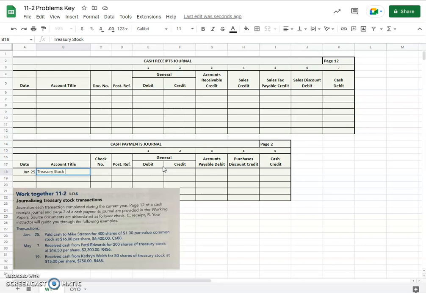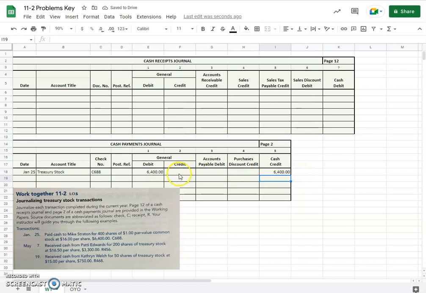So it's going to be treasury stock now. Check number 688. And this will be a general debit of the $6,400 we paid him. Okay. And then it should just be a cash credit.